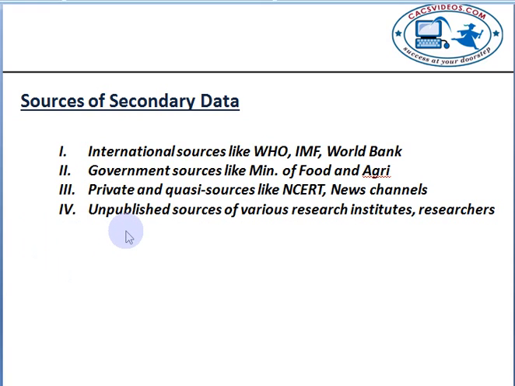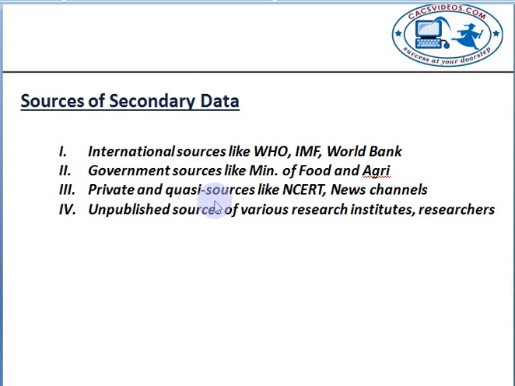And the final source of secondary data is unpublished sources of various research institutes and researchers. Some research institutes also collect so much data for their research, right? So we can use that information also for our analysis.